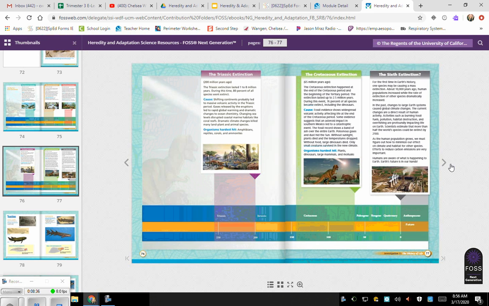So the next thing we're going to talk about is the sixth extinction. Now, remember I said there are 5 major extinctions we know about. The sixth extinction is something that we're talking about for Earth's history and our history today. So I want you guys to understand the word Anthropocene. Okay, Anthropocene. Now, this is a new word for you.